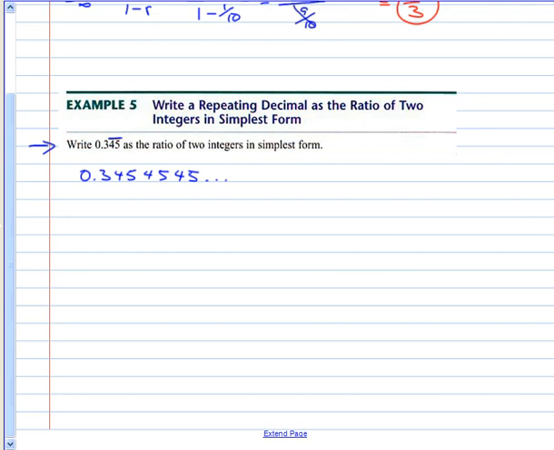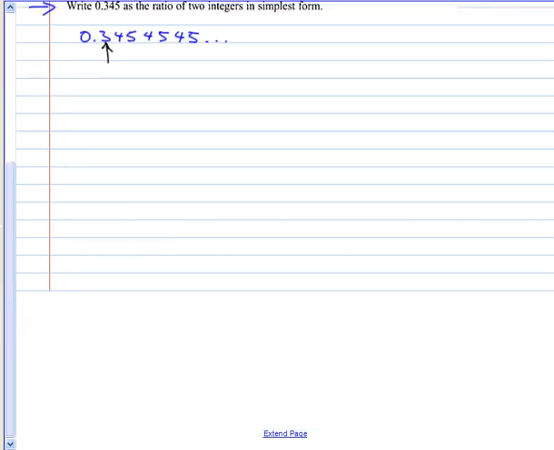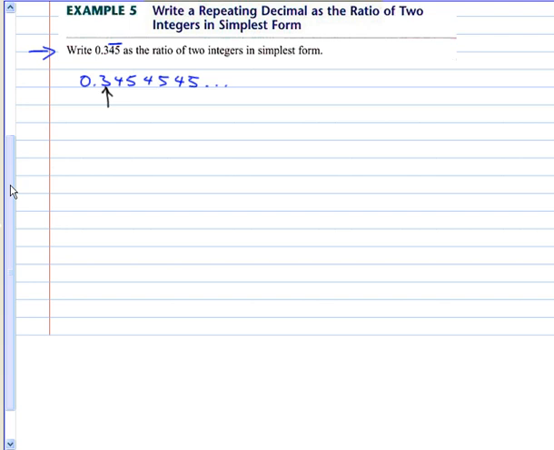So this 3 is outside of our repeating part. So when I go to write this, I need to separate that 3/10. 0.3 is 3/10. I need to separate that 3/10 and then add what I find to be the fraction for the rest of the repeating decimal.